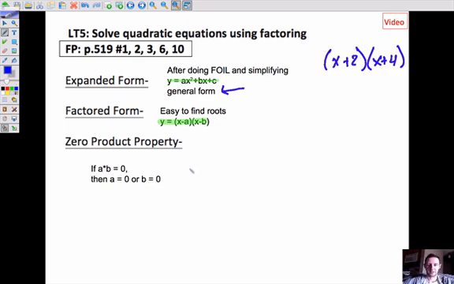So this could be a times b equals 0, so a equals 0 and b equals something, or b equals 0 and a equals something else. But that's basically what the zero product property says, and we will use that to find the roots. It'll be more obvious what this actually means and how you use it in just a minute.